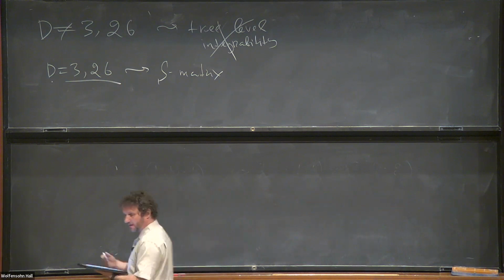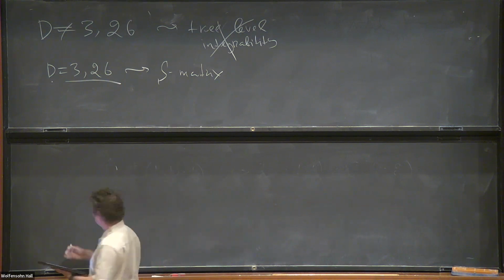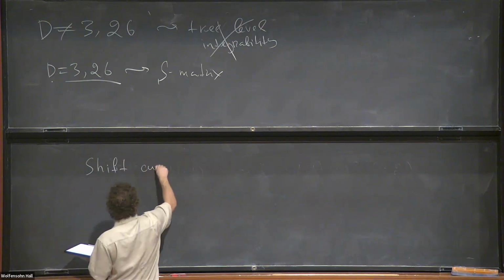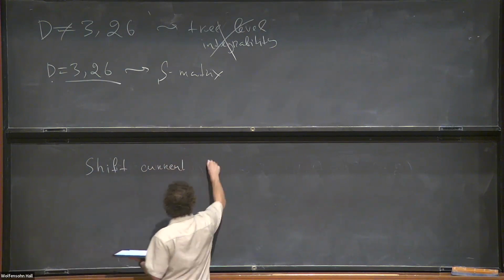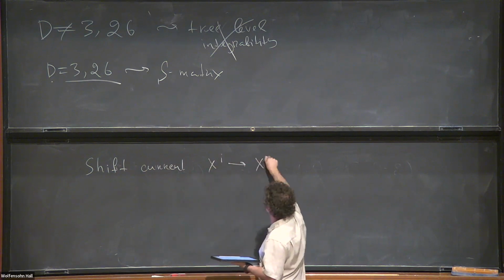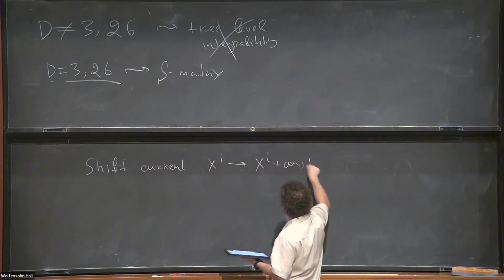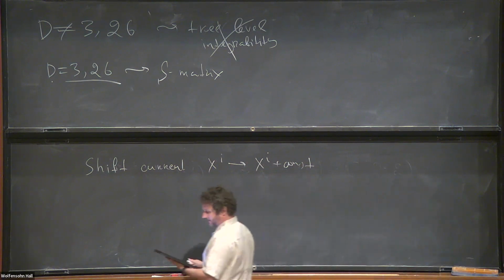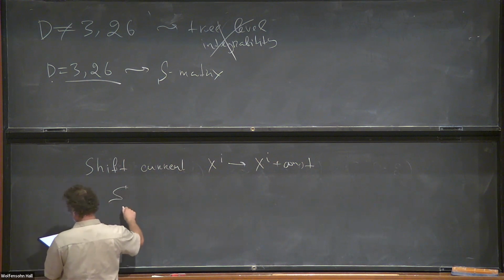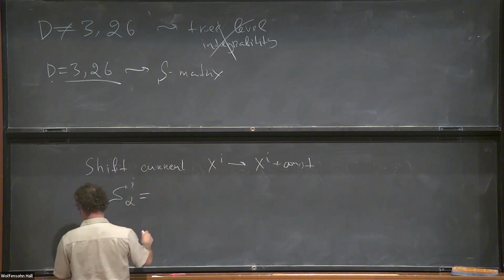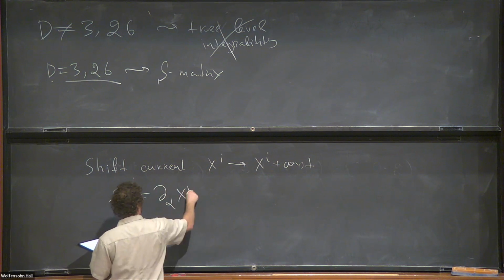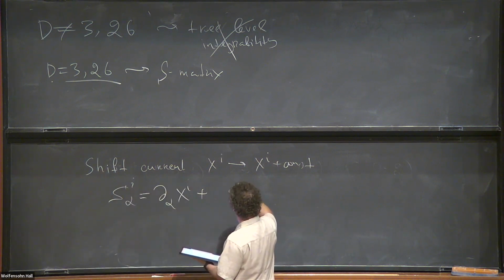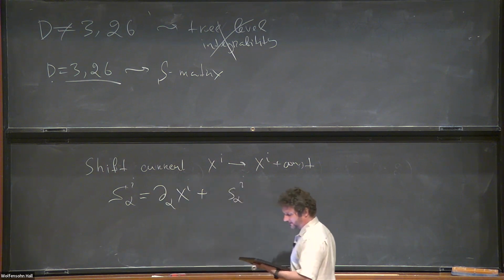First of all, there are nonlinearly realized translations. So there is a conserved shift current in this theory, associated with translations xi going to xi plus constant. Schematically, this shift current has the form d alpha xi plus s alpha, where I separated two pieces.